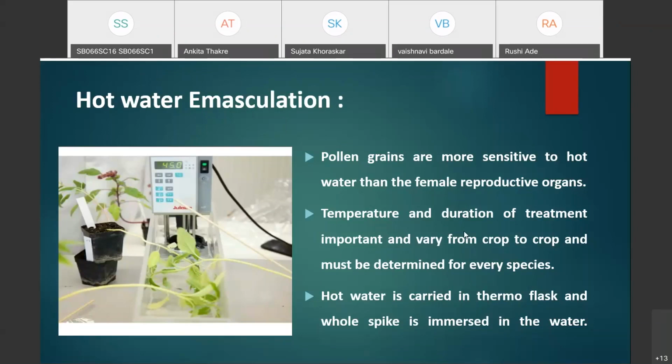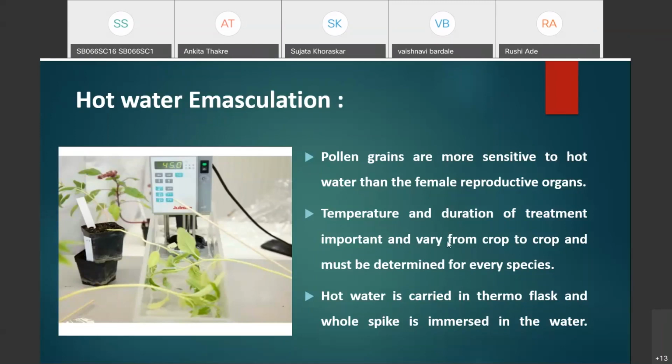It must be determined for every species.